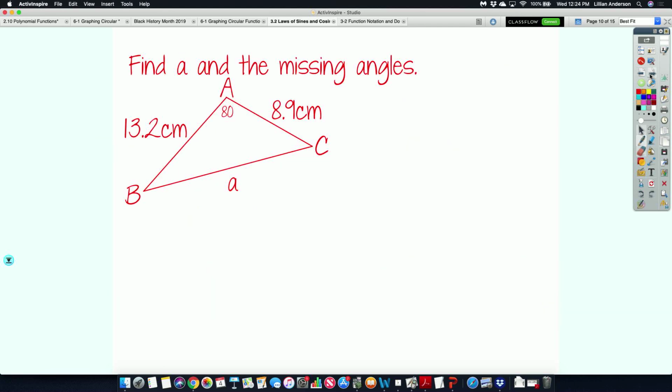All right? We're going to find side A and the missing angles. That's 13.2, angle 80, and 8.9. To find lowercase a, would I use the long formula or the fraction formula?